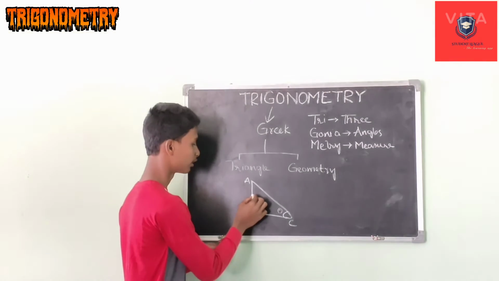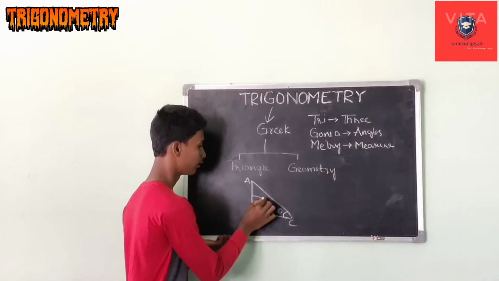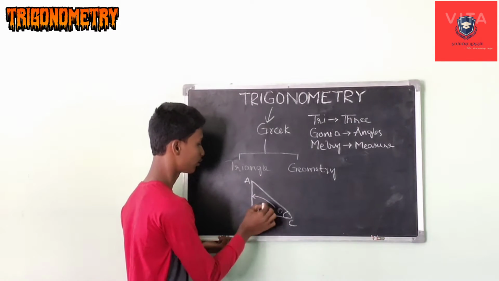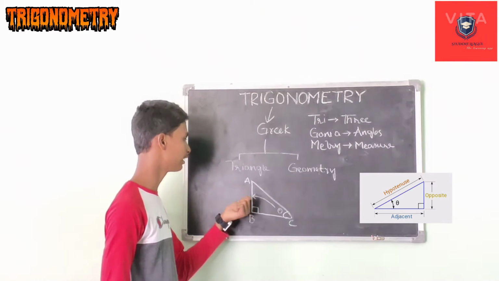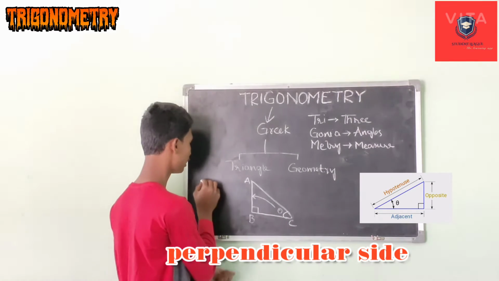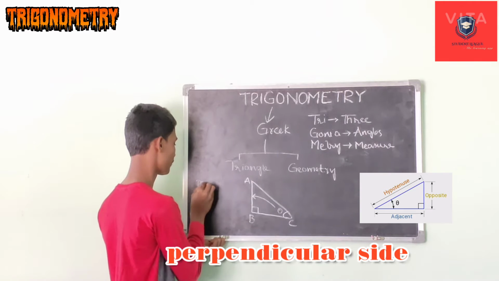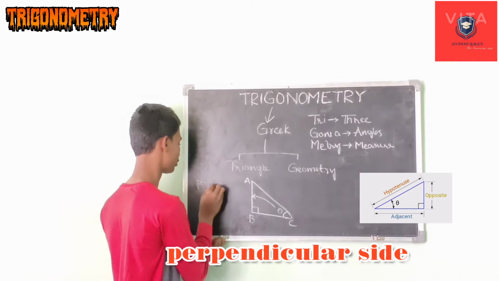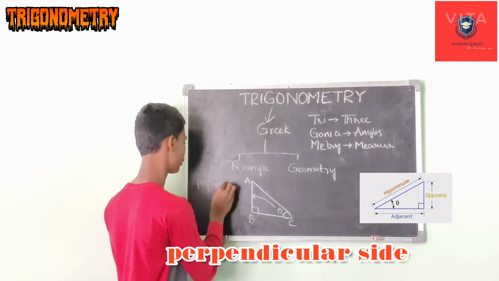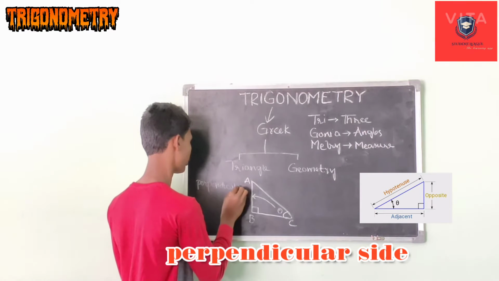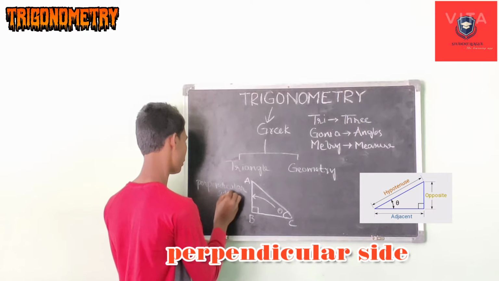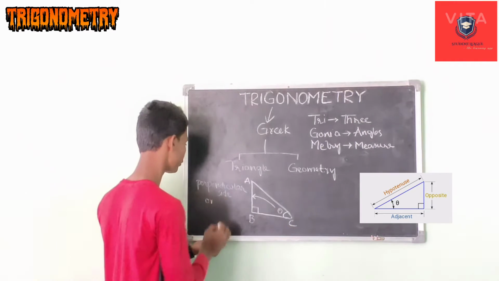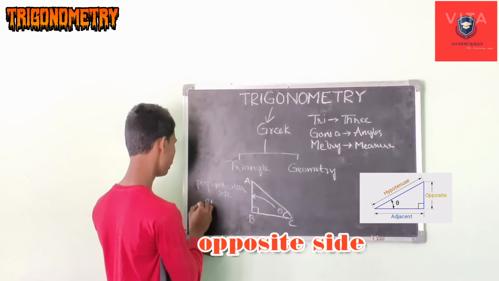The side opposite to the angle theta is known as the perpendicular side, also called the opposite side.